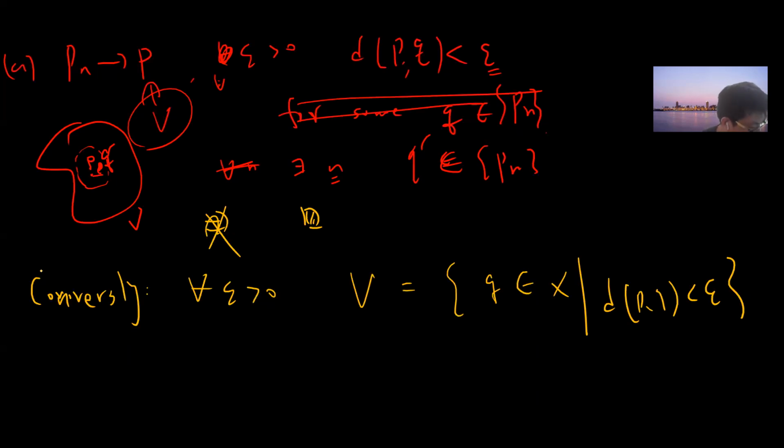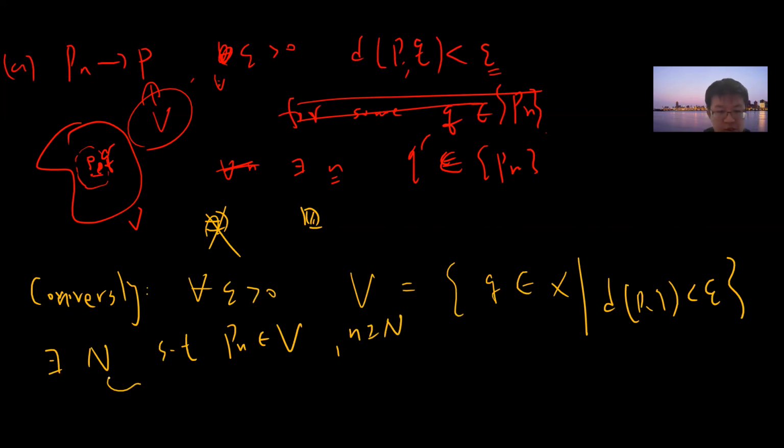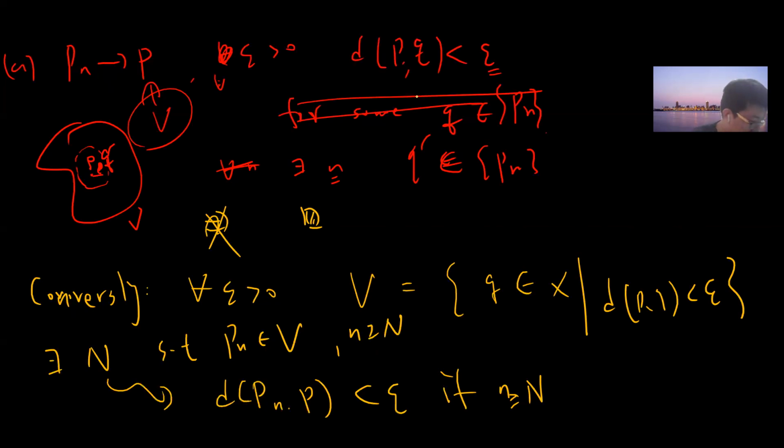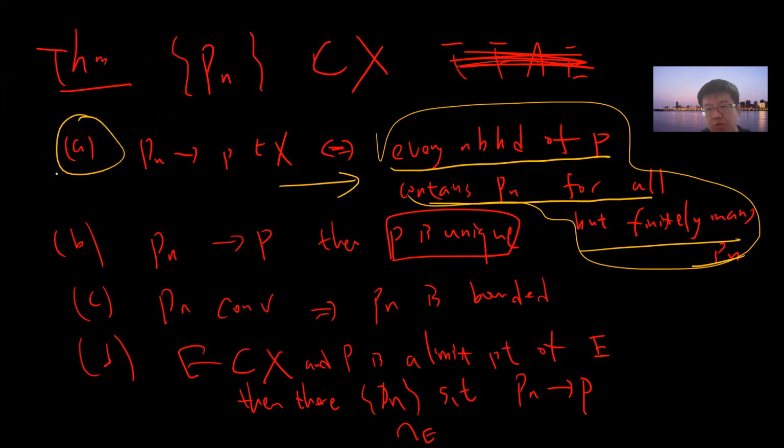So that means you can find a large N such that Pn belongs to V for n greater or equal to N. So d(Pn,P) is less than epsilon if n is greater or equal to N, by this property. Right, but if you read the words, it's just Pn converges to P. So basically, the first part A is just a restatement.